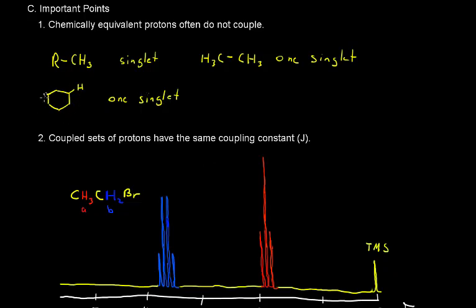Interestingly, if you take a spectrum of cyclohexane at very low temperatures, well below 0, that interconversion slows down and eventually gets so slow that the ring flip between the two chair conformations stops, and you'll see 2 different resonances for the protons in cyclohexane. But at room temperature we see one singlet. The chemical environment of all 12 protons equilibrates. It's all the same, so there's really no splitting observed.